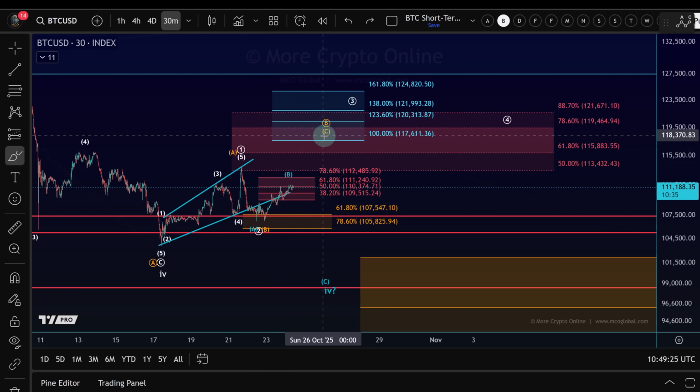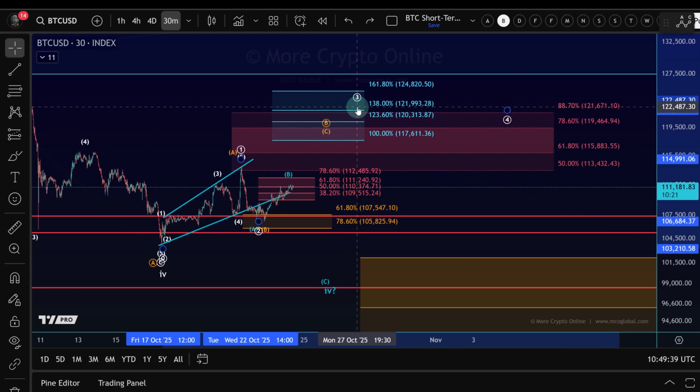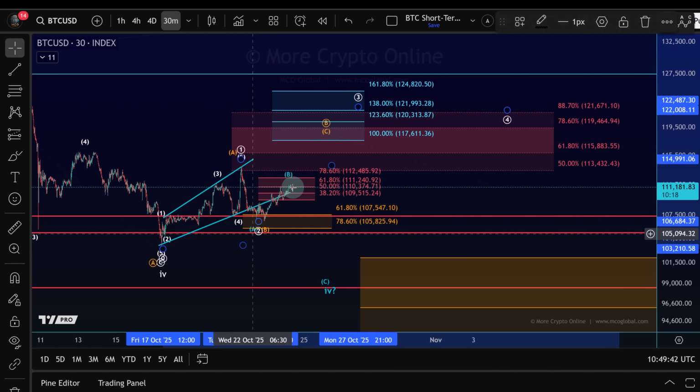Now, if we go higher, then it can still be a B wave. So be aware, if we go higher, it might still just be a B wave in the orange scenario. But if we then push even higher towards 121,990, then we will reach the first ideal target of the third wave. Generally, based on the model that we're using, the 138% extension is our first ideal target.